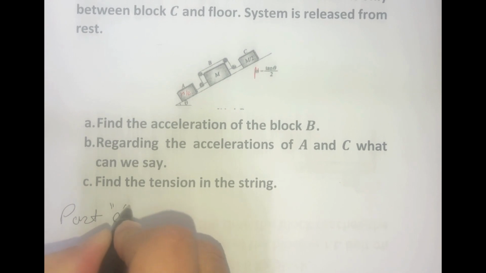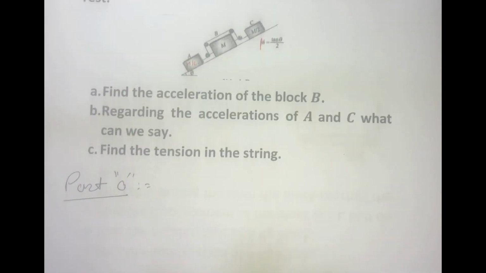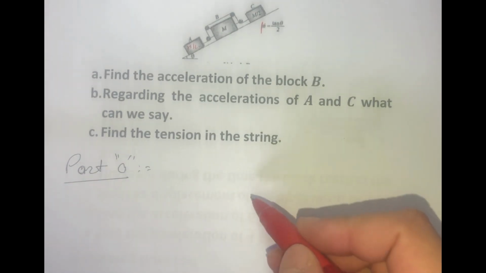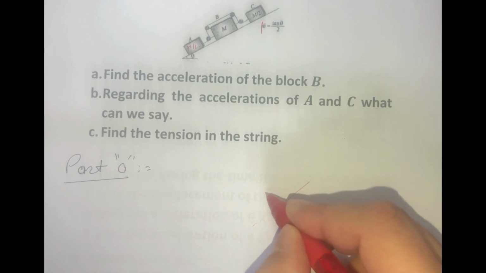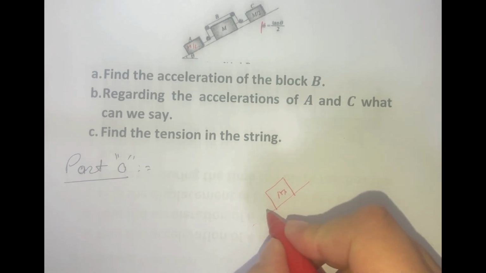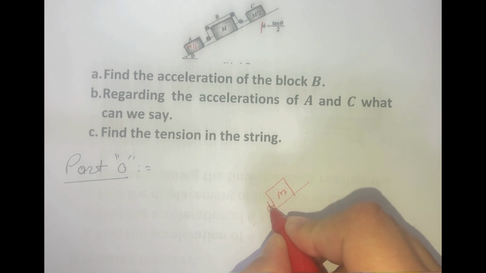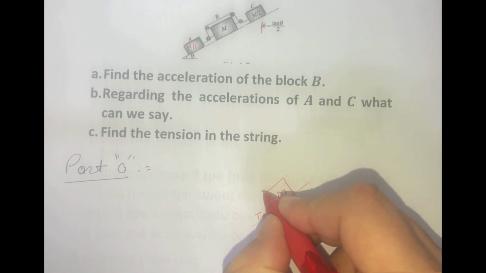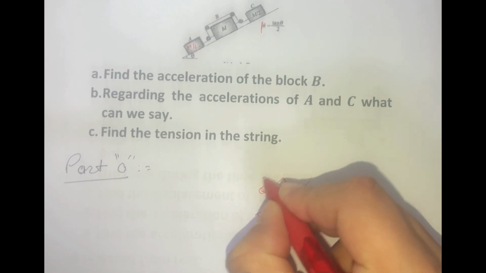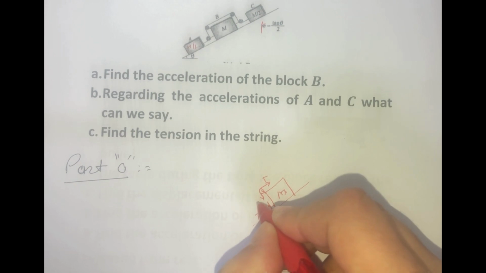Let us start with part A. We ask what the accelerations will be, and for that let us draw the free body diagram for block B. So this is block B of mass m, and let us put the tension T here, and this side also, and here also.